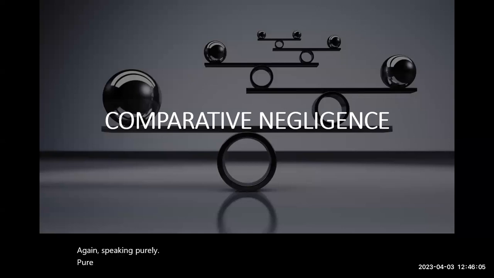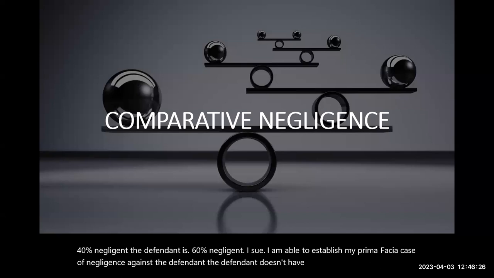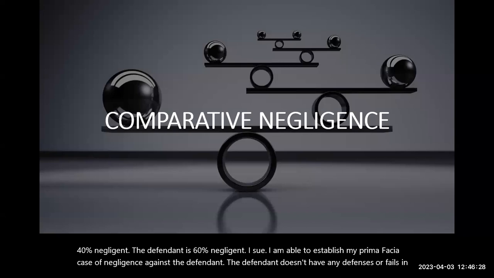Pure comparative negligence. I am 40% negligent. The defendant is 60% negligent. I sue. I am able to establish my prima facie case of negligence against the defendant. The defendant doesn't have any defenses or fails in any defenses that he raises.